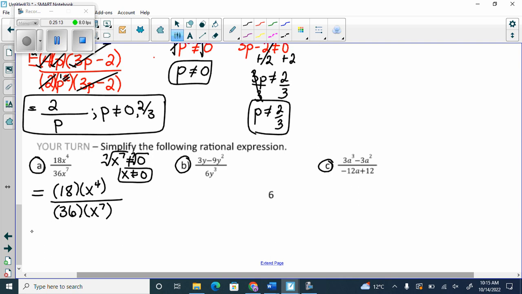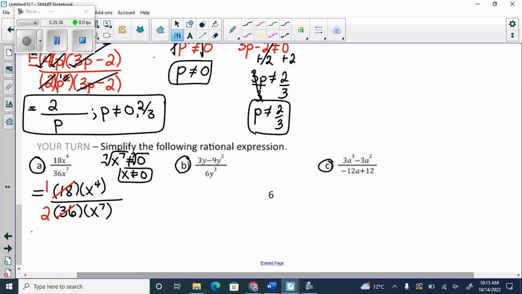So I have 18 and 36, I can take an 18 out of each. 18 divided by 18 is 1, 36 divided by 18 is 2. X4 and X7, how many x's can I take out? 2, and then I can take out some more? 4. I can take 4 out. I take out the lowest amount I can take out, right? So this one has x, x, x, x.